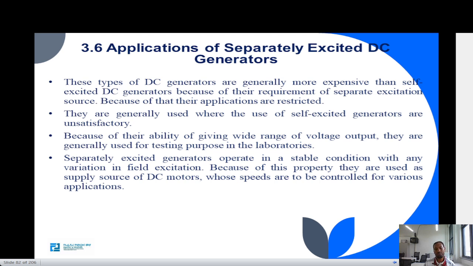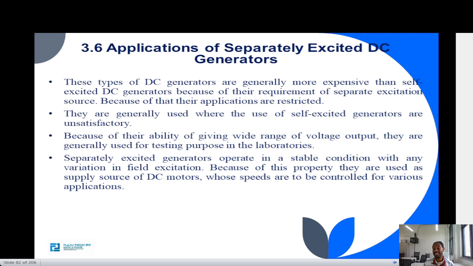If we need a generator for some application and the self-excited generator does not give satisfactory operation, especially in controlling the characteristics, we may be forced to use such generators. Because of their ability to give a wide range of voltage output, they are generally used for testing purposes in laboratories.